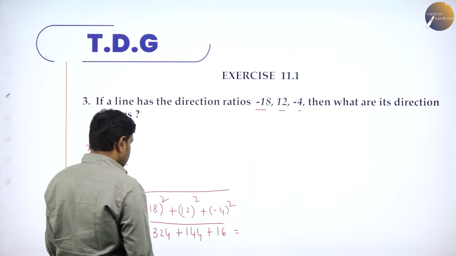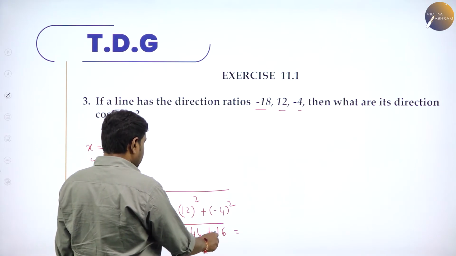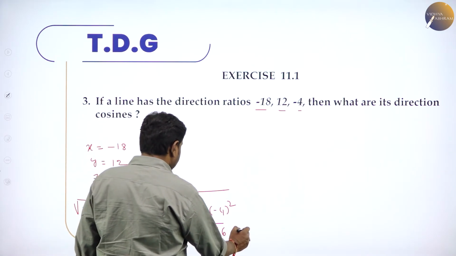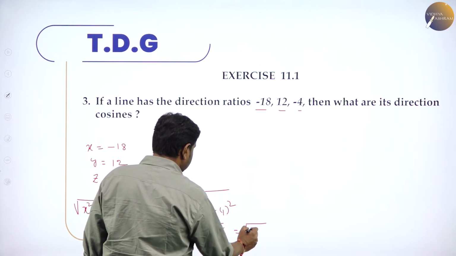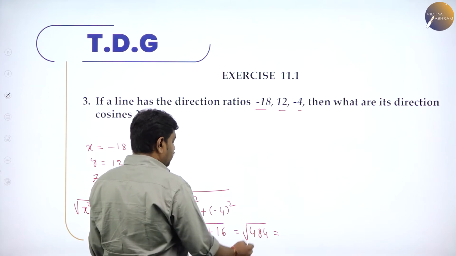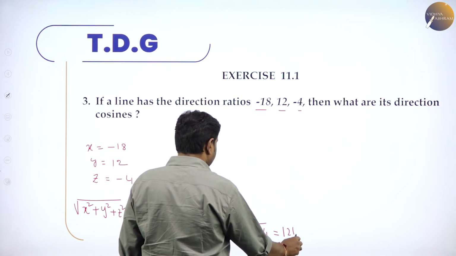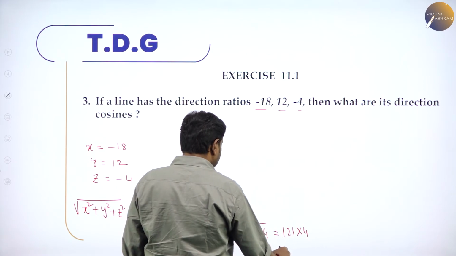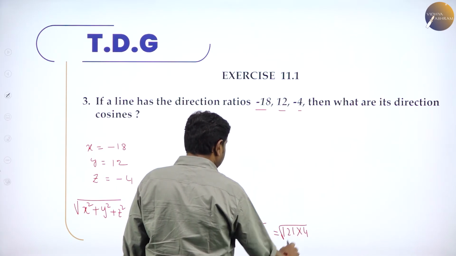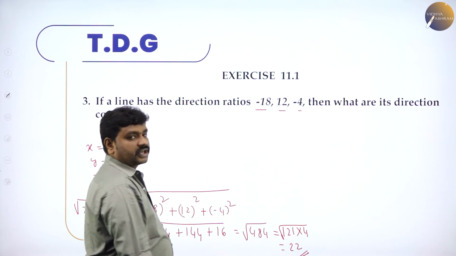Now you add it: 324 plus 144 is 468, plus 16 is 484. Root of 484, I can write this as 121 times 4, or I can say 22. So root 484 is 22.